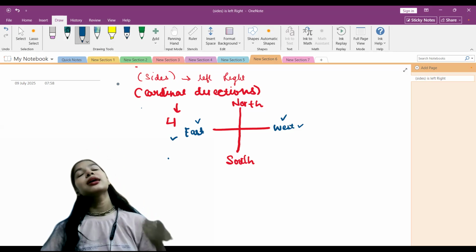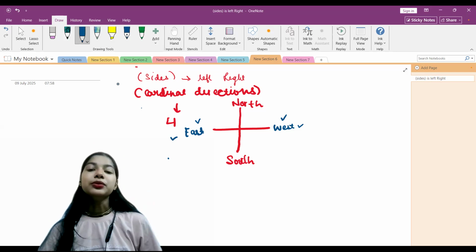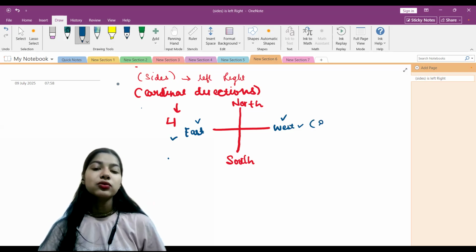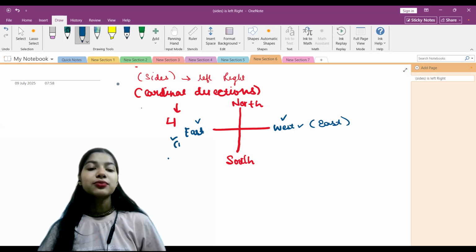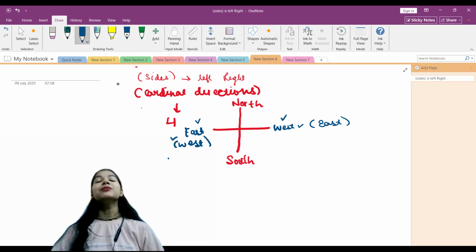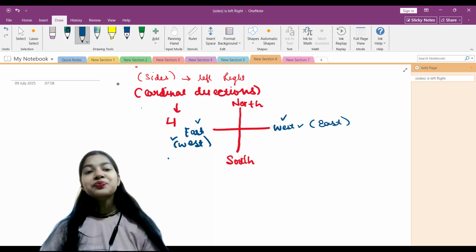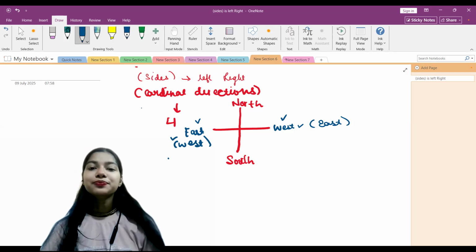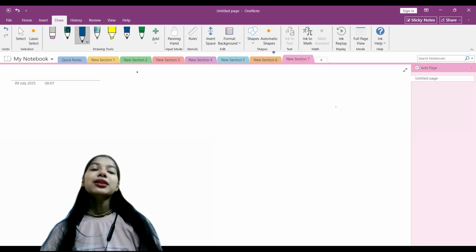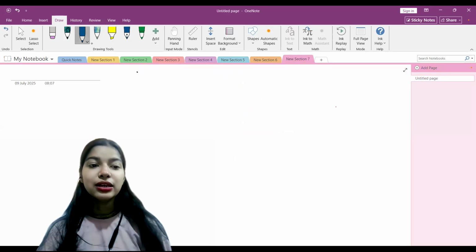But when I'm standing right beside you, the west will change into east and the east will change into west. So these are the things you have to keep in mind while doing the cardinal directions. Okay? Fine.